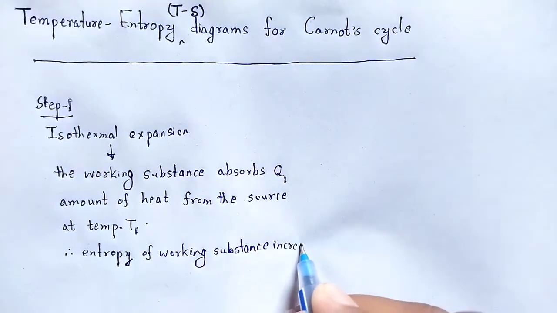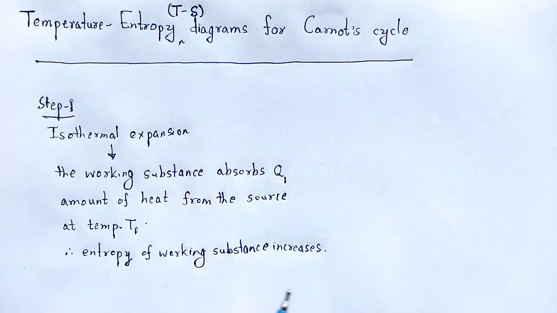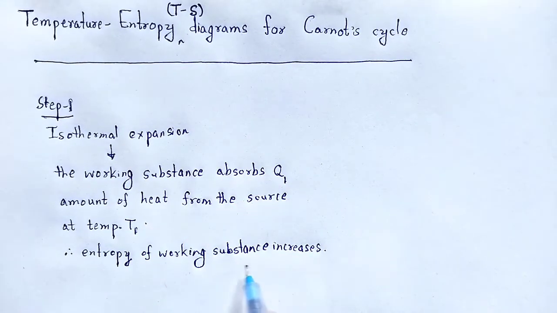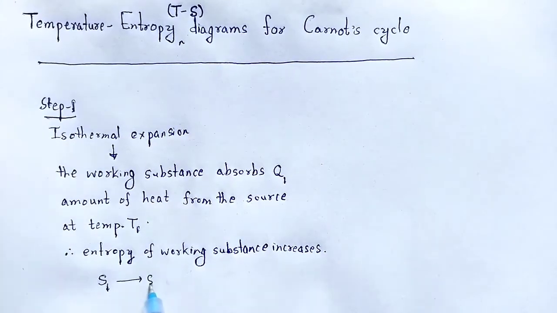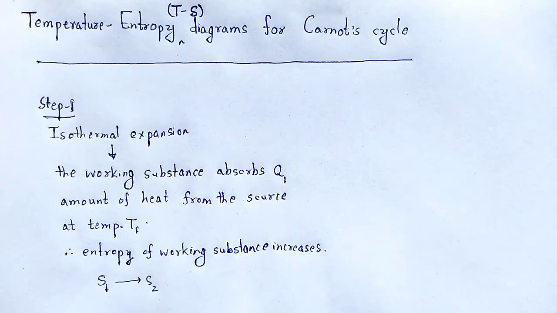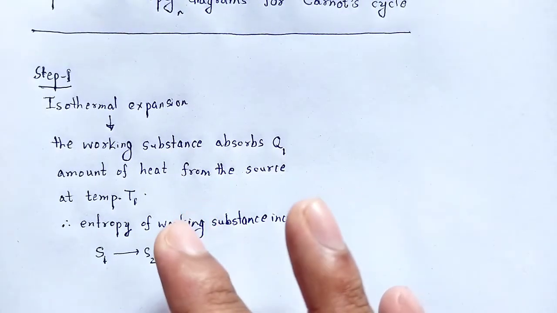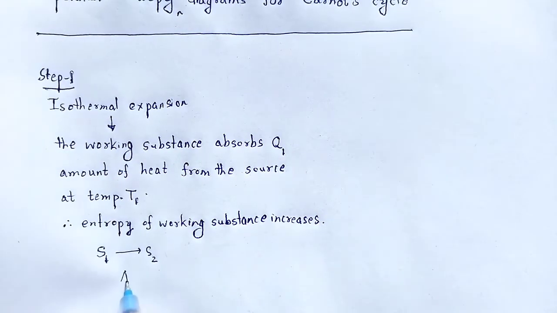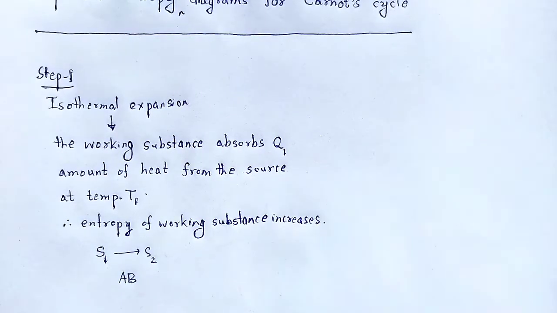Let the entropy of the working substance increase from S1 to S2, and this process is represented by the horizontal line AB, which is parallel to the S axis.